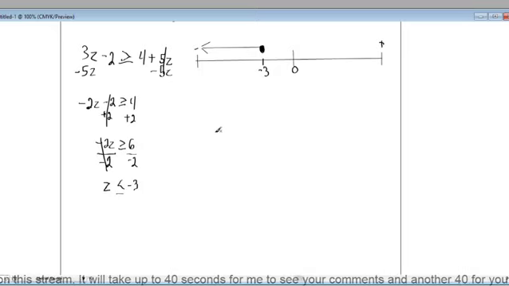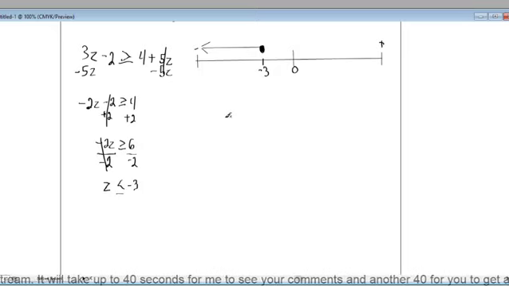Okay, so let's go ahead and look at the interval notation. So interval notation has a start point and an end point. And we read those start points and end points from left to right. So this thing, again, it's going all the way over here off our page.